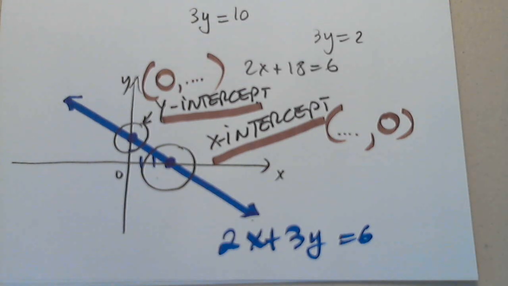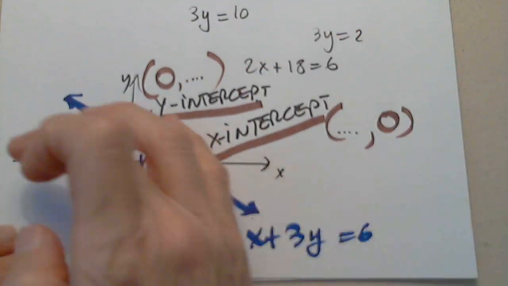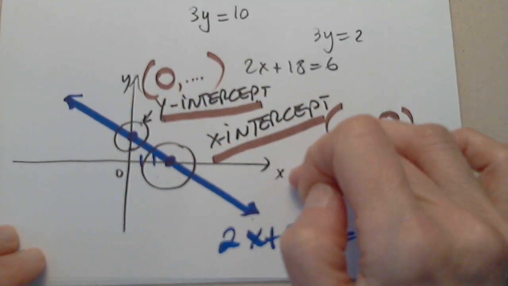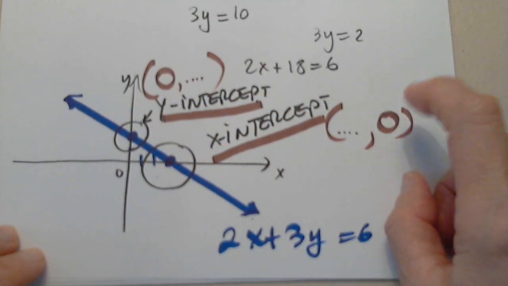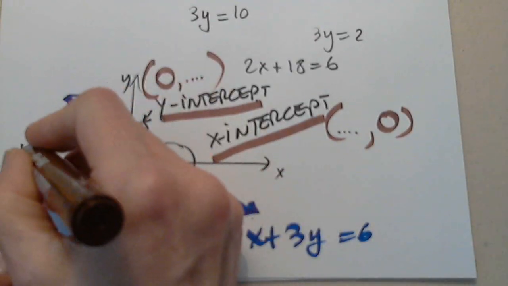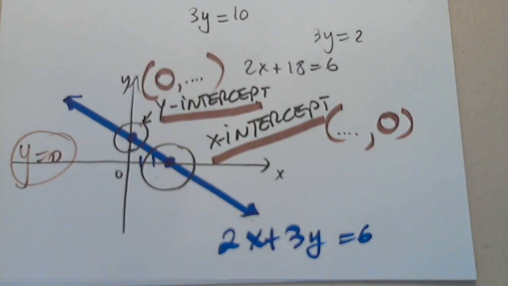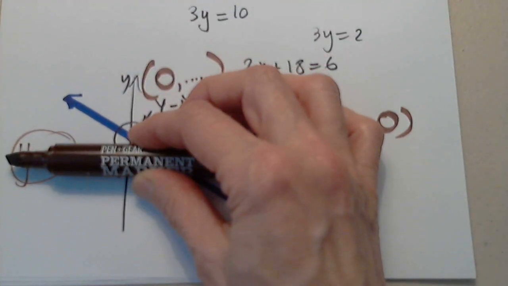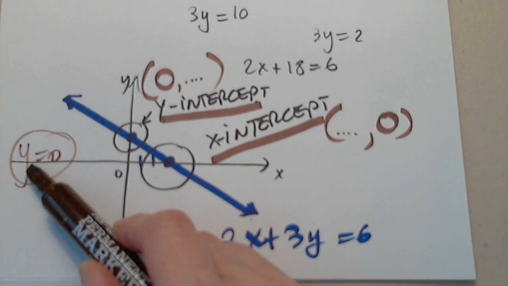I have to tell you that a lot of students miss this important point. Again, any point on the x-axis must have the y-coordinate 0. Why? Because the equation of this line is y equals 0. We established it a few minutes ago. It's the altitude 0, not x, but y, the altitude.